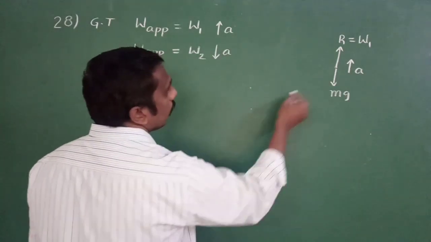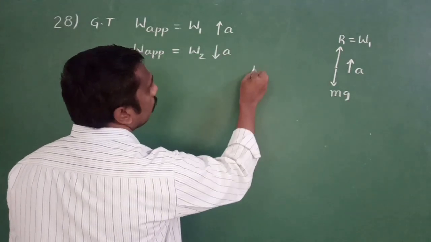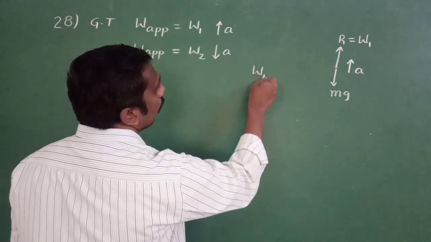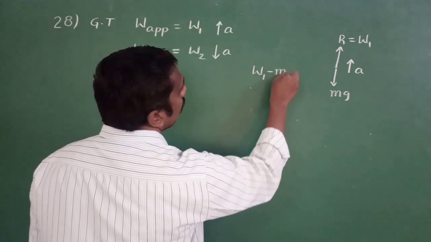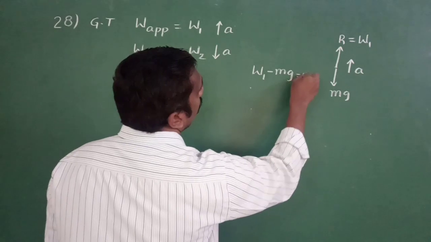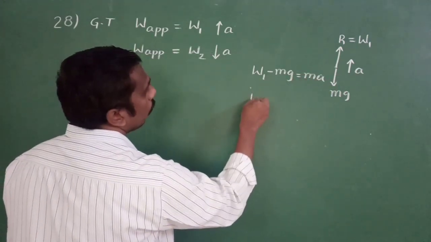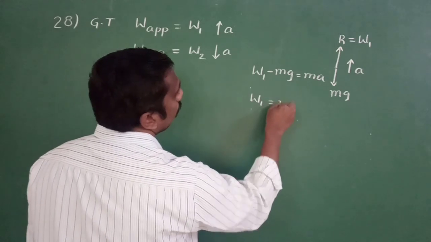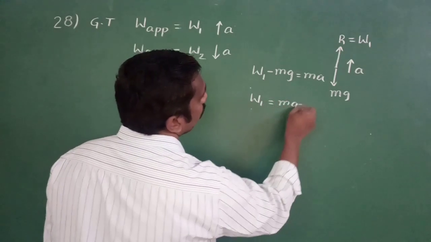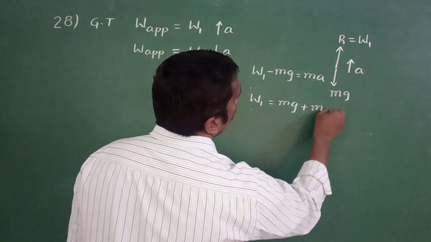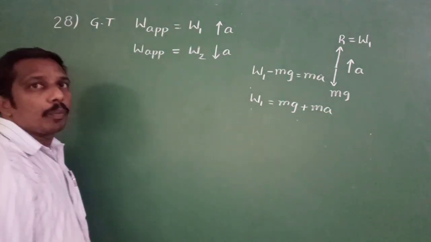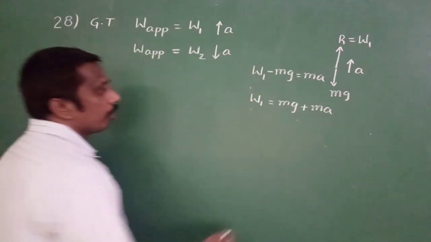From this diagram we can write W1 minus mg equal to ma. From this, W1 is equal to mg plus ma. This is the apparent weight when the lift is going upward with an acceleration.